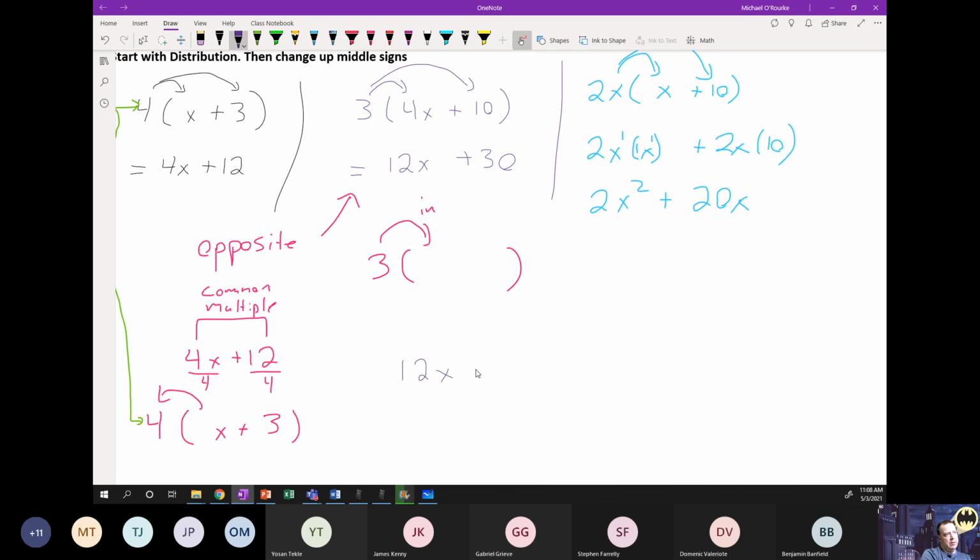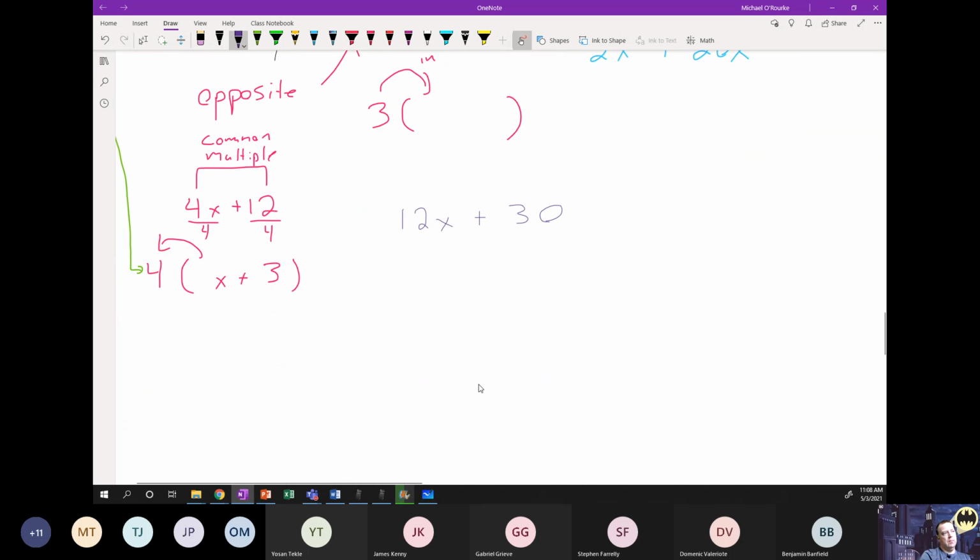Let's do this one over again. 12x plus 30. Okay. First things first. Is there a common multiple between these two? Is there a common multiple? And the answer is yes.